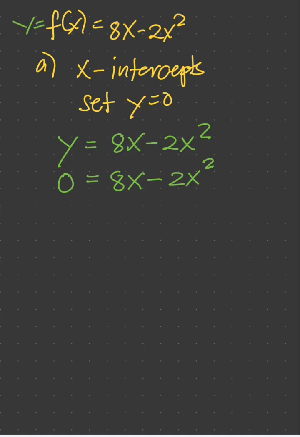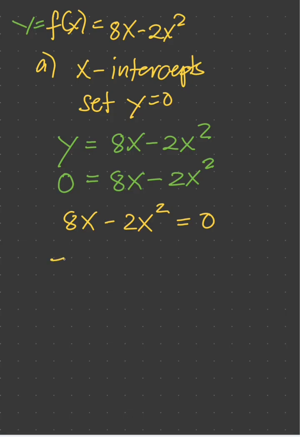Okay, so we can factor out x here and 2. 2x times 4 minus x, right? If we're going to factor out. So it won't be confusing for you, we can write this as 8x minus 2x squared. Is this easier?